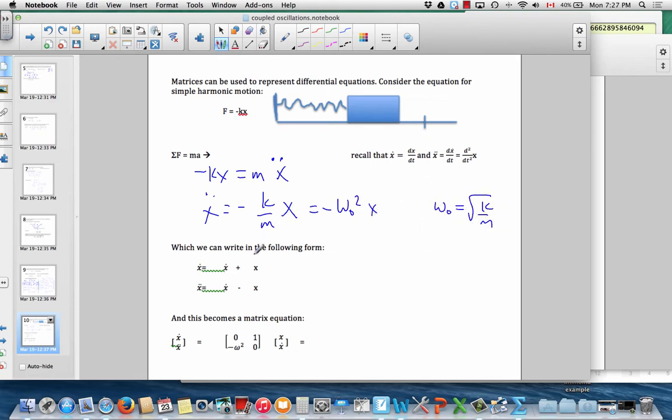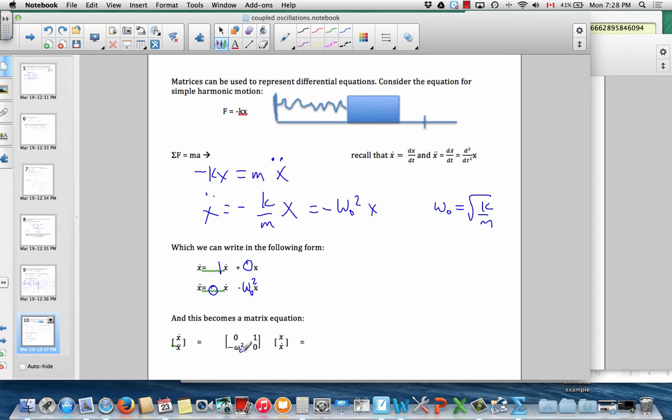Now, we can write those equations in the following form. We could say x dot, the derivative of x, is certainly just x dot with nothing x. And then x double dot, our equation here, is nothing x dot minus omega naught squared times x, which we write in matrix form like this: 0 x, 1 x dot, minus omega naught squared x, and 0 x dot.